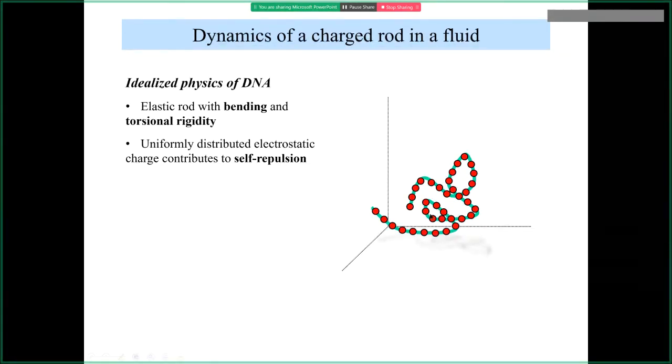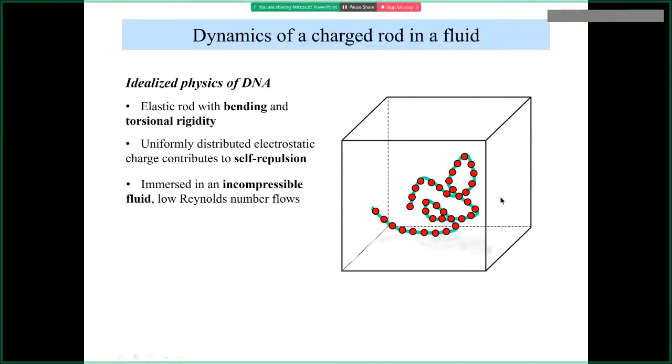This is similar to the Mobius potential for those of you who work in knot energies. And then we embed it in an incompressible fluid and analyze the low Reynolds number flow of the structure within.